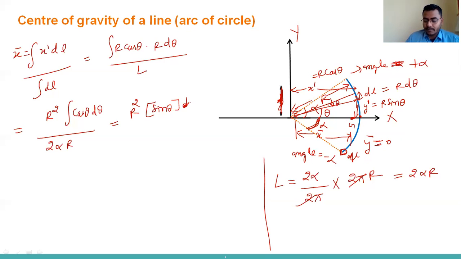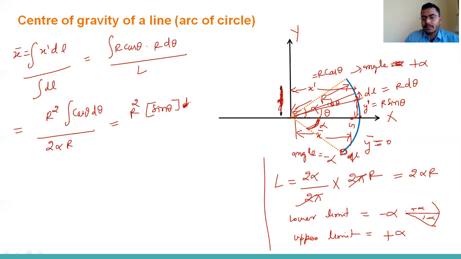So we are setting the lower limit as minus alpha and the upper limit as plus alpha. It will cover from here to here, so this is minus alpha, this is plus alpha. So it will cover the whole length, right? Okay, so minus alpha to plus alpha.